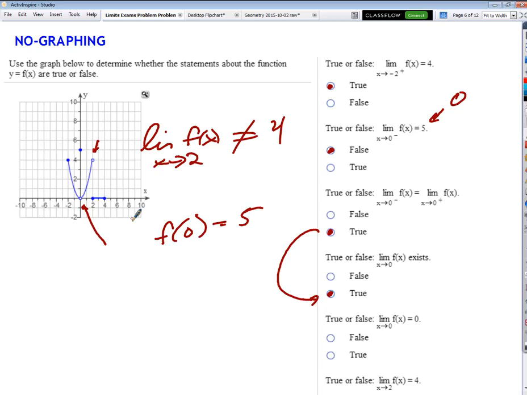From the right, the ant would be walking along this flat spot and think he's approaching a y value of 0. It's irrelevant where he actually would step. But because they don't agree, the two-sided limit, the regular limit, doesn't exist, because the one-sided limits are different.